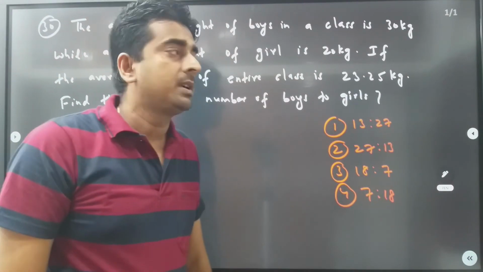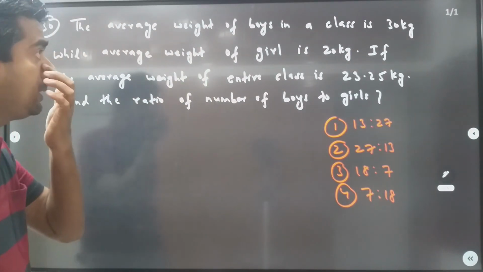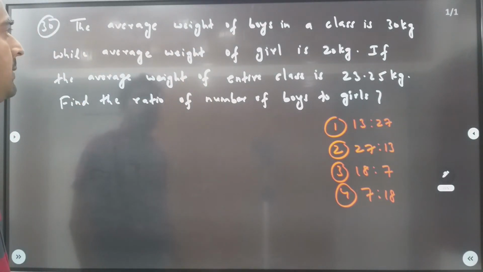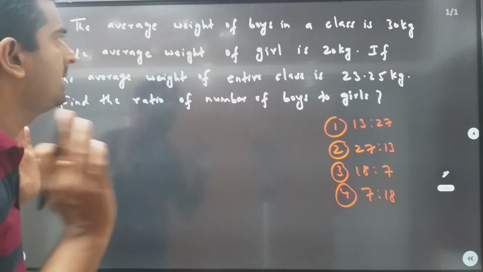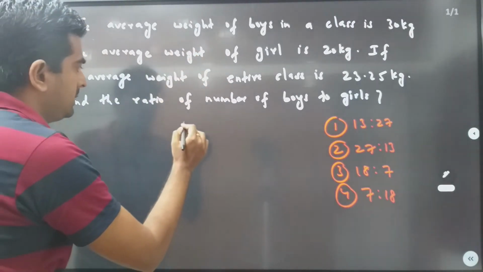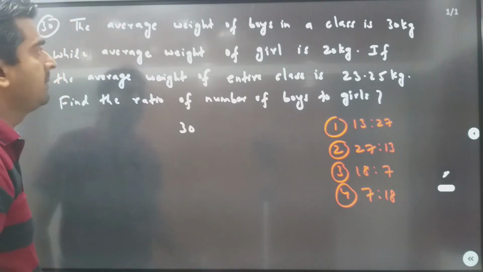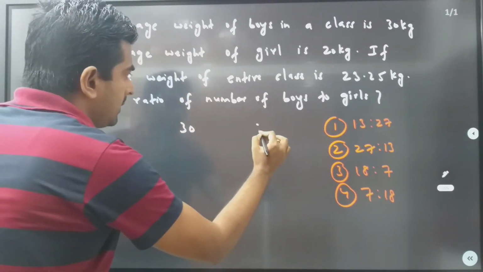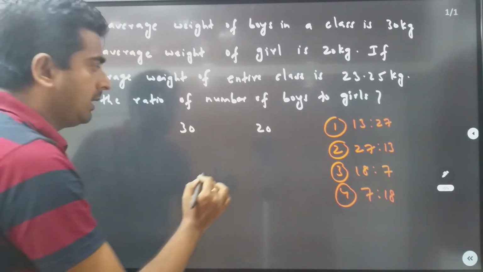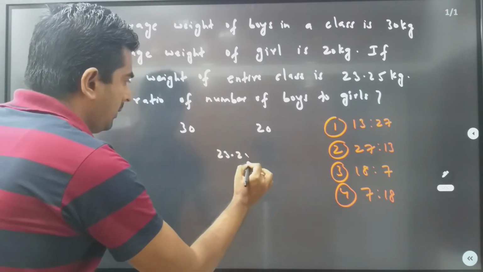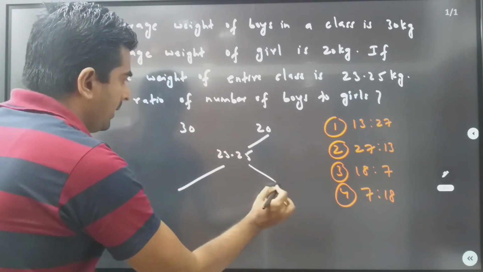So now we'll see question number 30. The average weight of boys in a class is 30 kg while average weight of girls is 20 kg. If the average weight of entire class is 23.25 kg, find the ratio of number of boys to girls. Alligation question directly. Average weight of boys is how much? 30 kg. Average weight of girls is how much? 20 kg. Overall average is how much? 23.25.